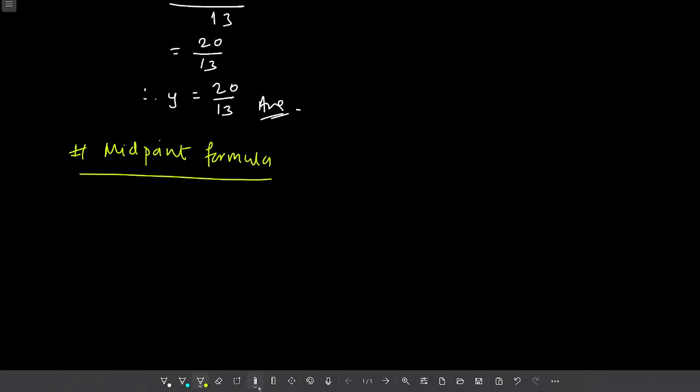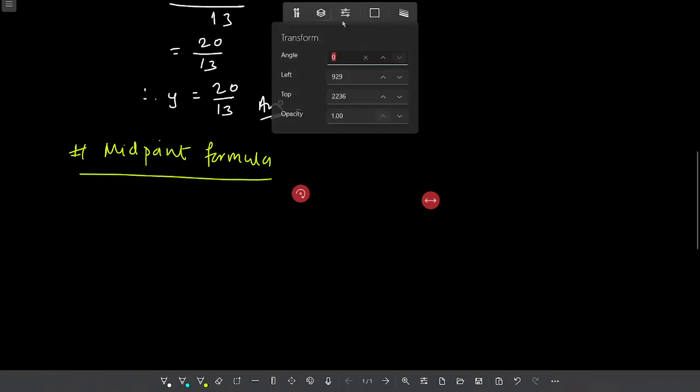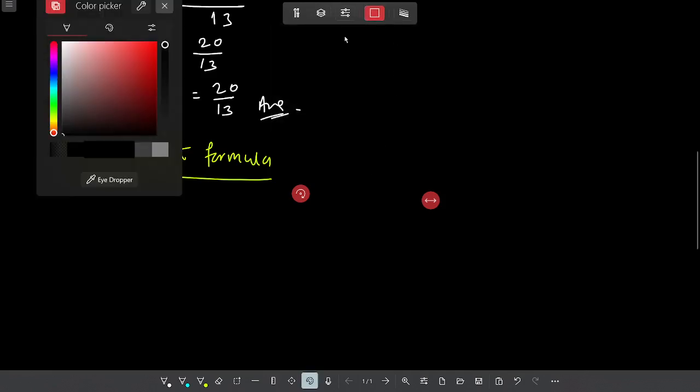What does it mean by midpoint? Do you know what this midpoint means? The middle of 2 points.